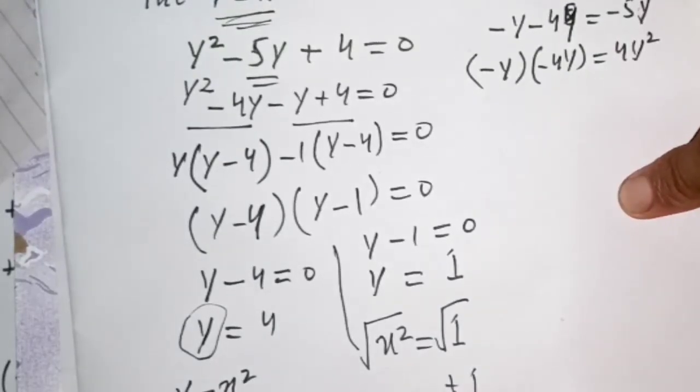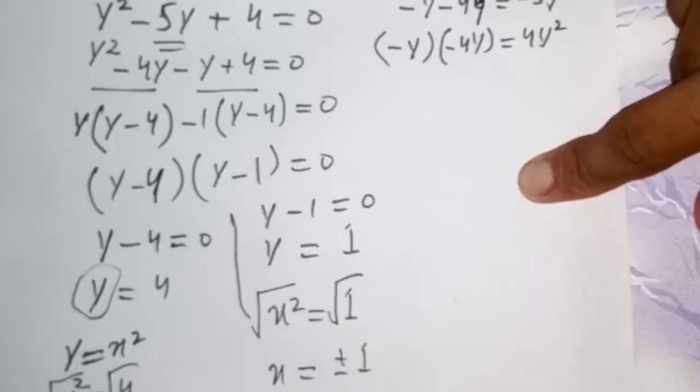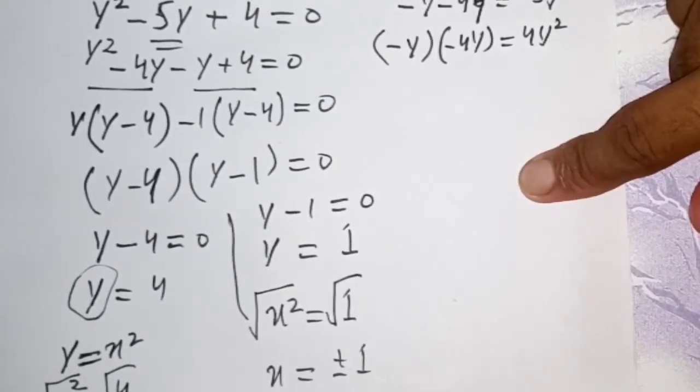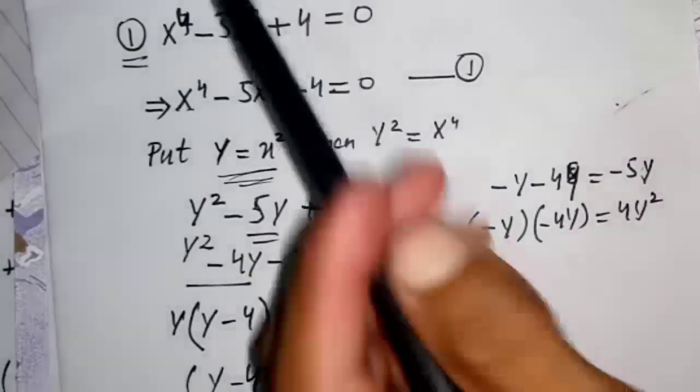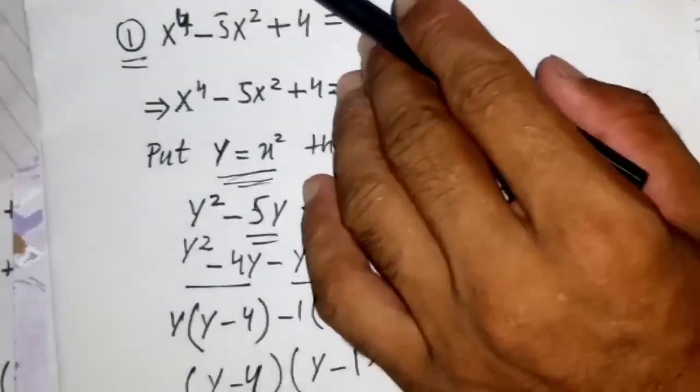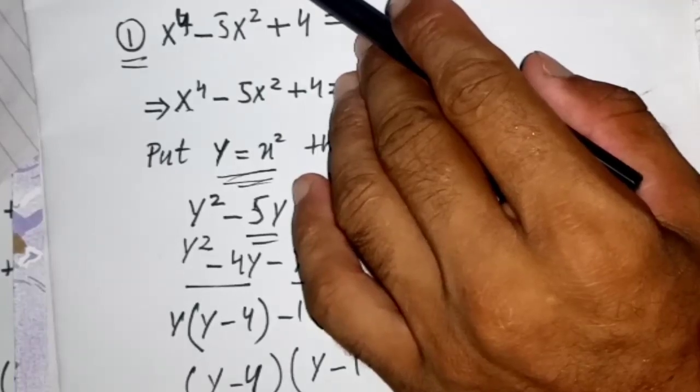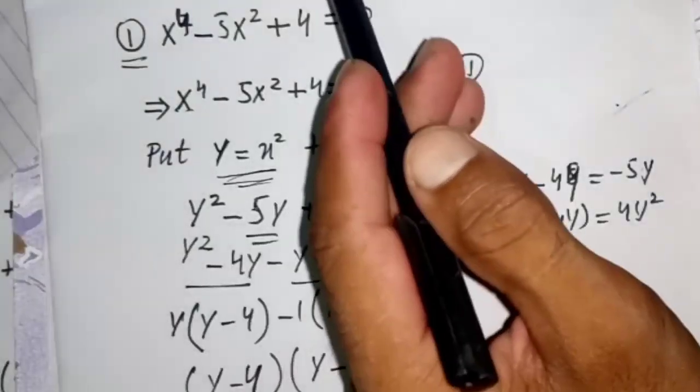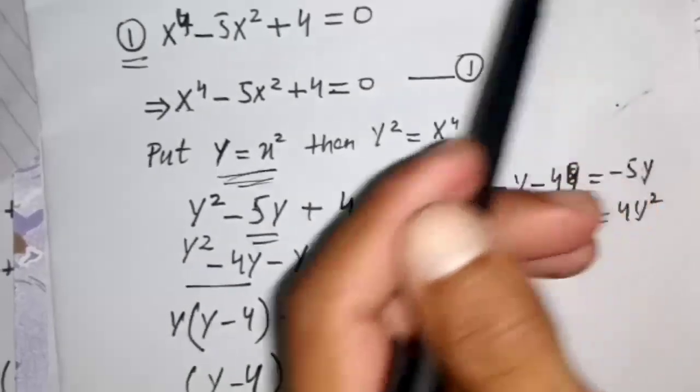So the solution set will be ±1 and ±2. This is the solution set for the given equation, which we changed into a quadratic equation by substituting y = x^2 and y^2 = x^4.